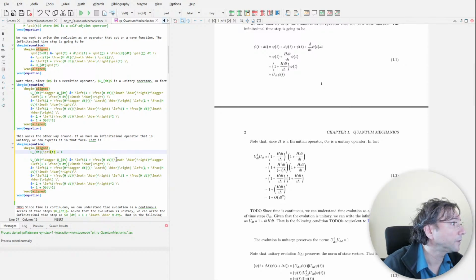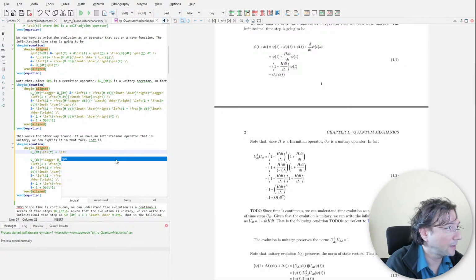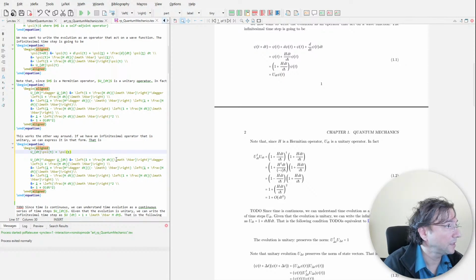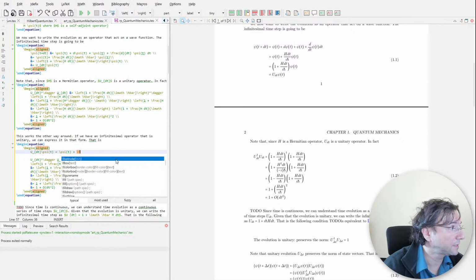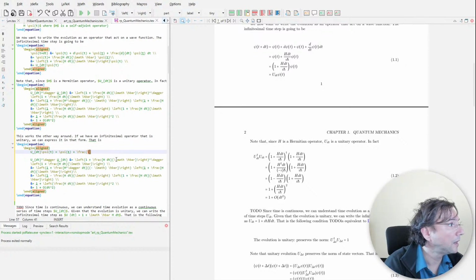So we know that if we apply that operator to that thing, that's going to be psi of t plus some derivative d psi of t in dt.